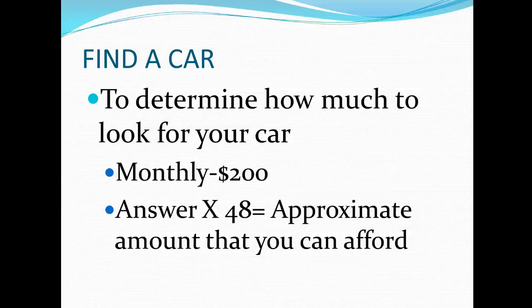So you're basically saving about $200 or maybe $250 or so on car insurance. Once you have figured that out, you multiply your answer times 48, because it's about how many car payments you'd make, and that will tell you about how much car you can afford.